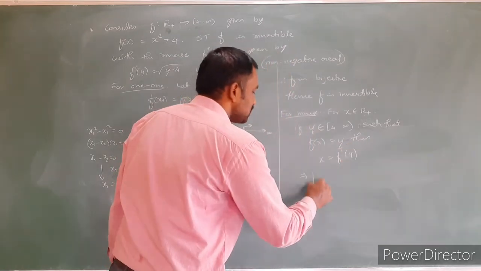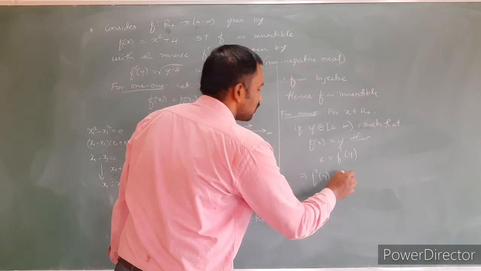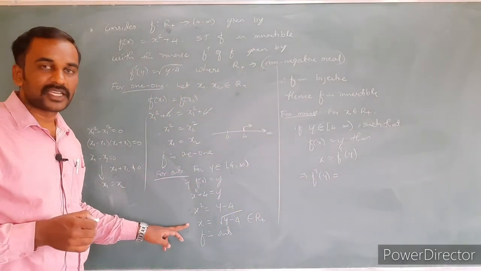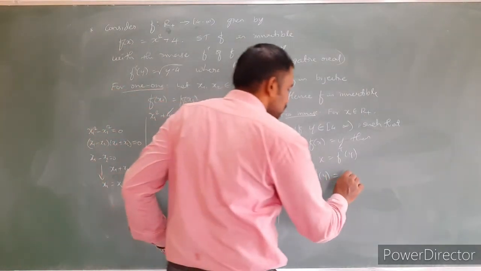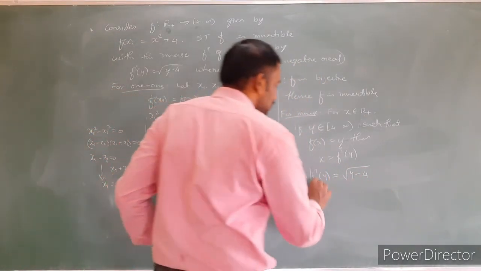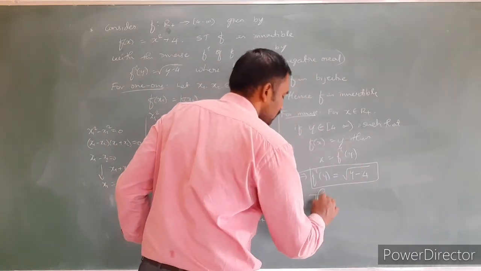So this implies f inverse of y is equal to x. Directly, while proving onto, we have the x value. What is the x value? Root of y minus 4. This is the required inverse.